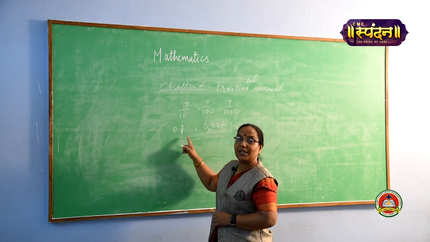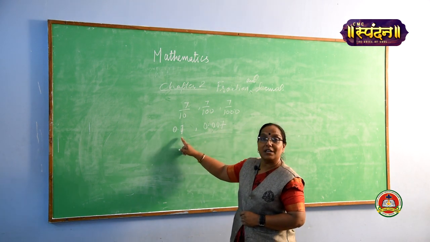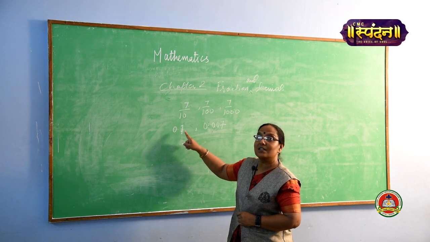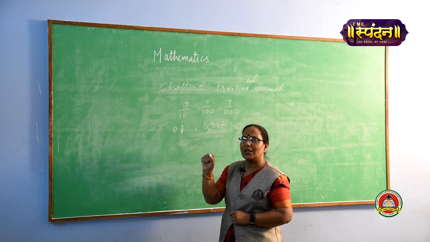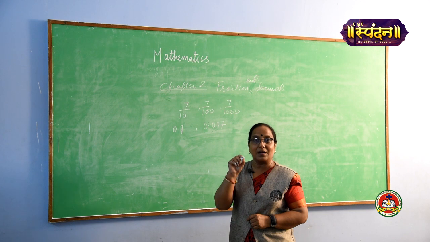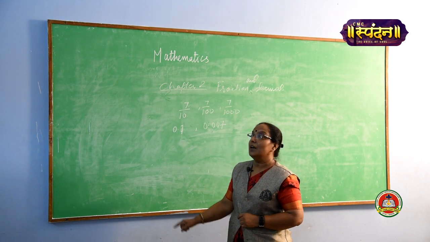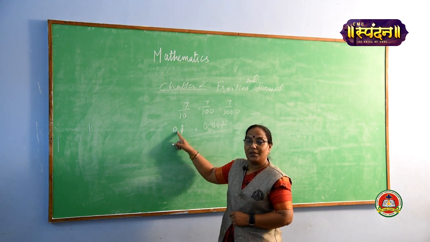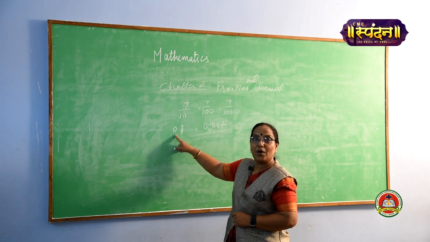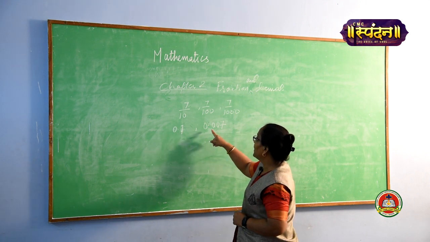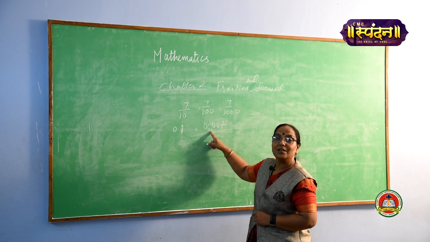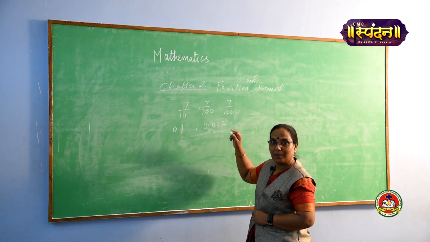When we read this number, we read it as zero decimal seven. What is this? Actually it is a dot, a mark made with a sharp pencil, read as decimal. So this is 0.7, and we read the other as 0.007.